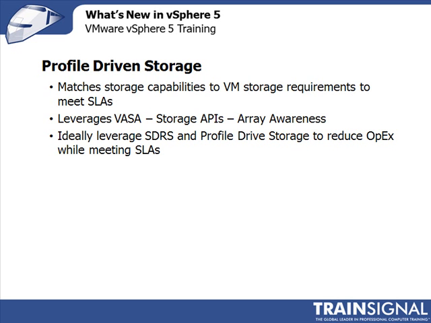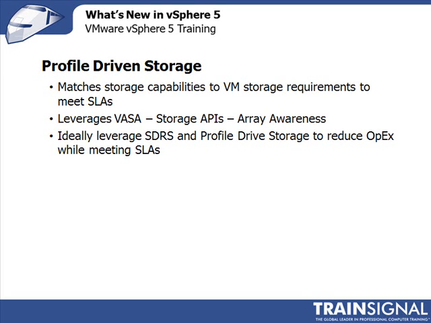Just give it a tag so that vCenter understands the different tiers that it has, and as a result can then move the virtual machine or assign the virtual machine to the most appropriate data store available. Now, the other advantage of profile-driven storage is that it will continuously monitor the virtual machine to make sure it's meeting those SLAs. So it's going to continually monitor it and make sure it doesn't go from a tier 1 to a tier 3 data store.